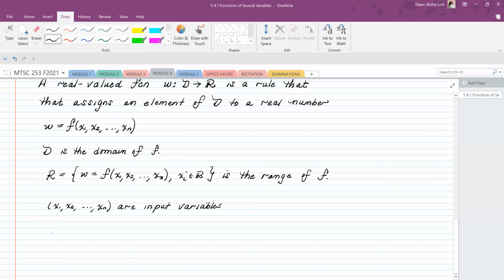And W, which is F of that thing, is the output variable.